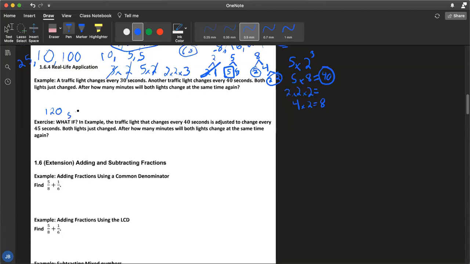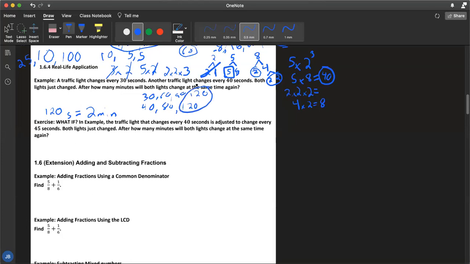Seconds. And so what does that equal to in minutes? 2 minutes. Perfect. 2 minutes. And so which way did you use? Did you list them out or did you do the prime factorization? I'll list them out. Perfect. And this is a nice, easy one to do it with. So 30 and 40. So we got 60, 90, 120, 40, we got 80, and 120. So that's an easy one. Great job, Max. Thank you.